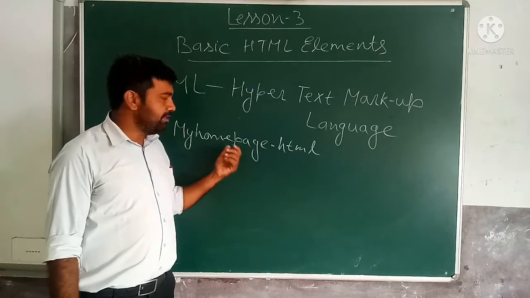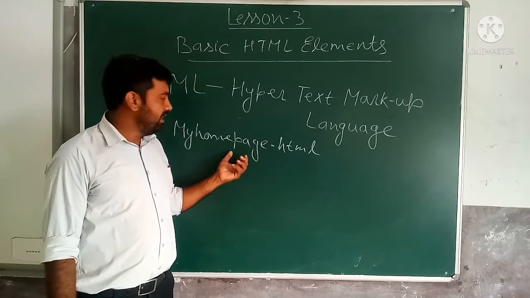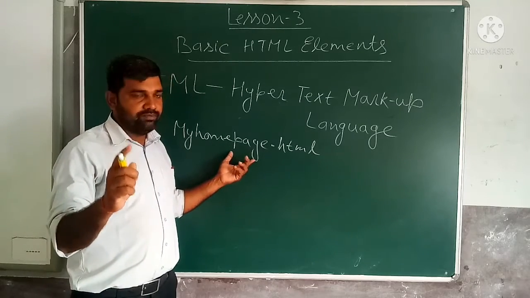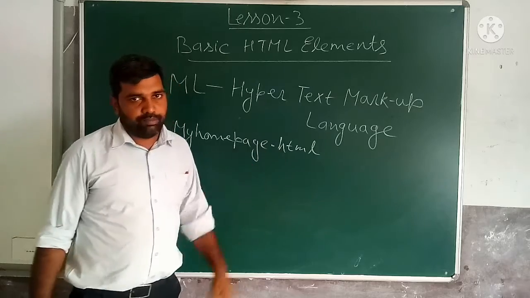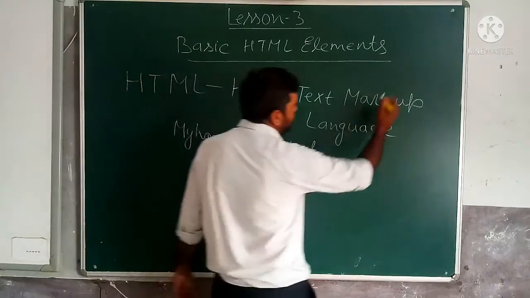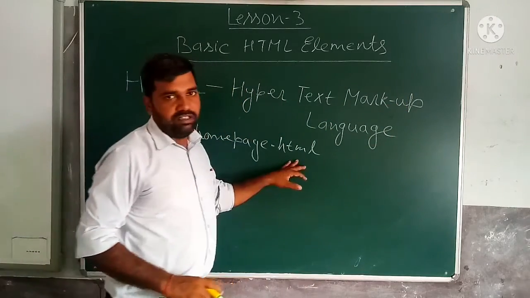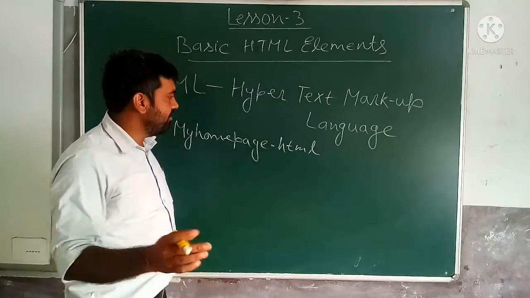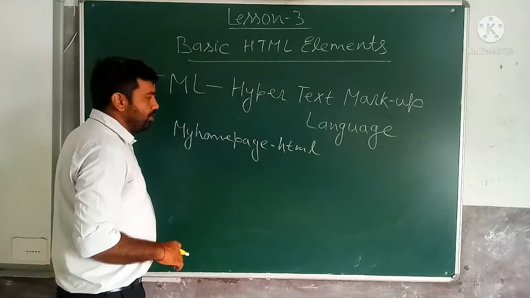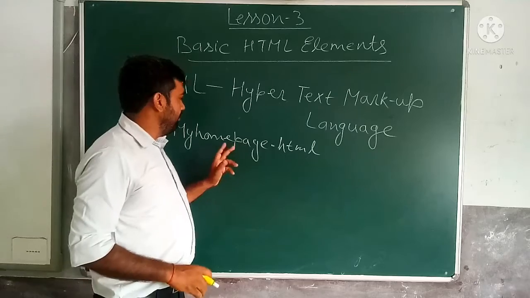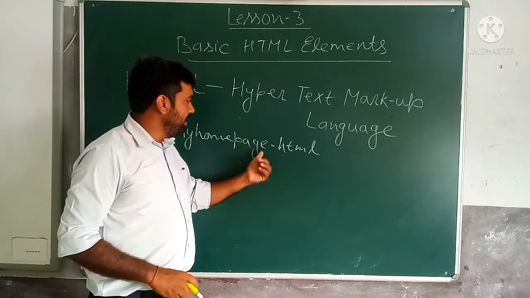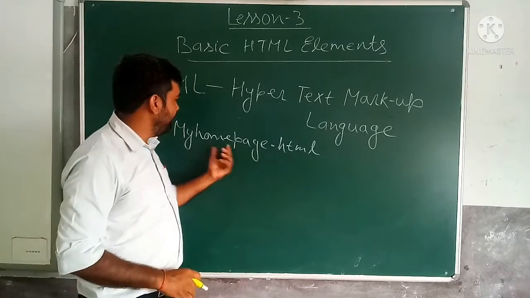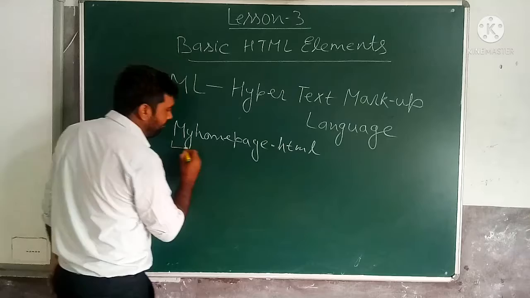The HTML code which you wrote in Notepad, save that file. Notepad always saves the file as a text document, as a text file .txt. If you don't provide this extension and you save it in Notepad, your file will be saved in the text format txt. So you write the extension in the file name, my homepage .html. My homepage is the file name.